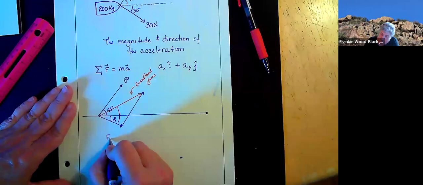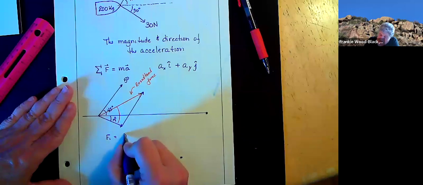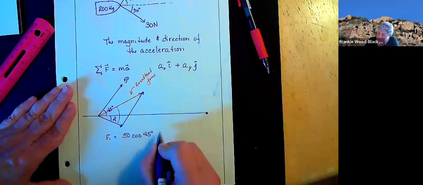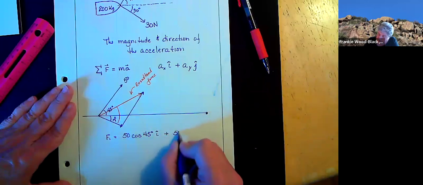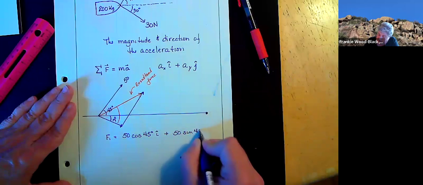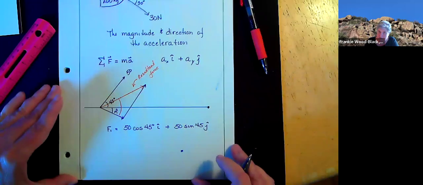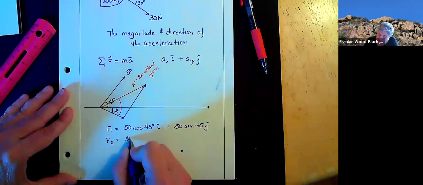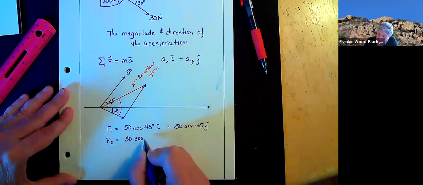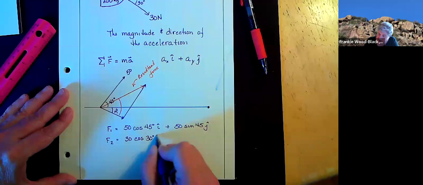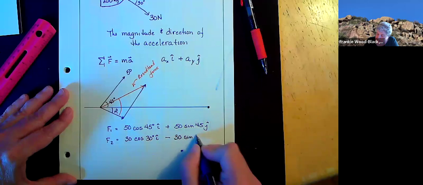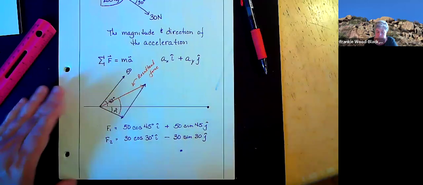So force 1 is equal to 50 cosine 45 degrees in the I direction plus 50 sine 45 degrees in the J direction. Force 2 is 30 cosine 30 degrees in the I direction minus 30 sine 30 in the J direction.